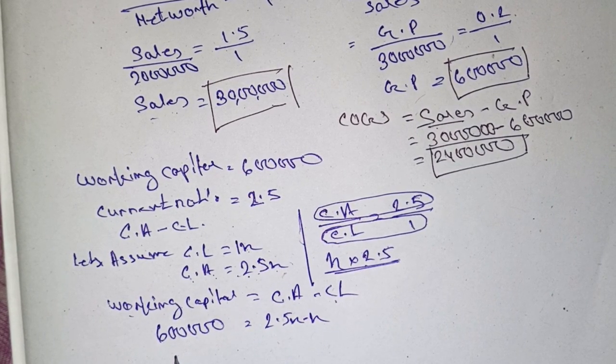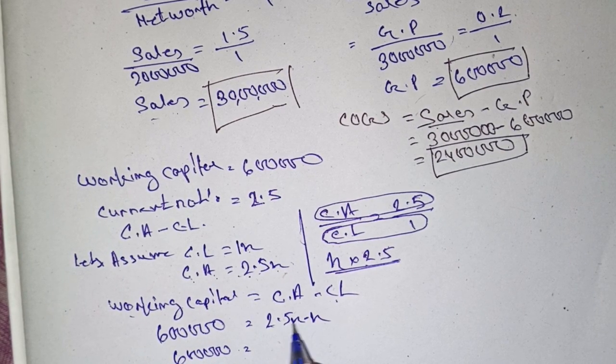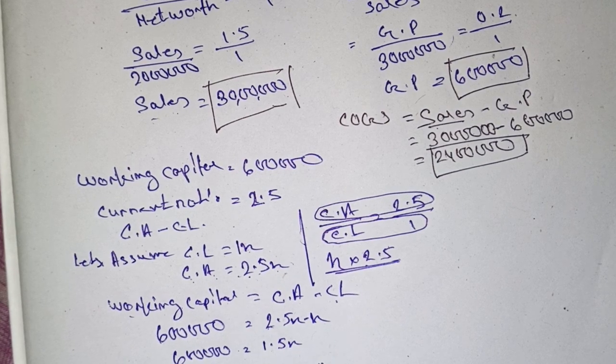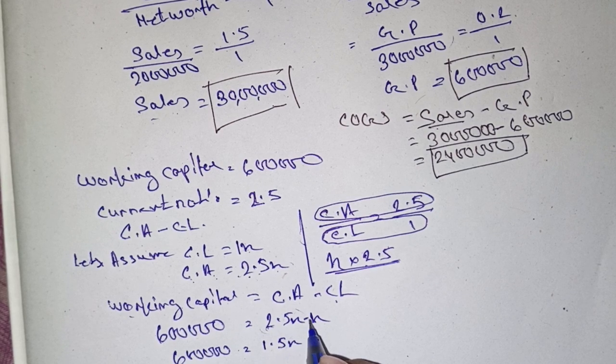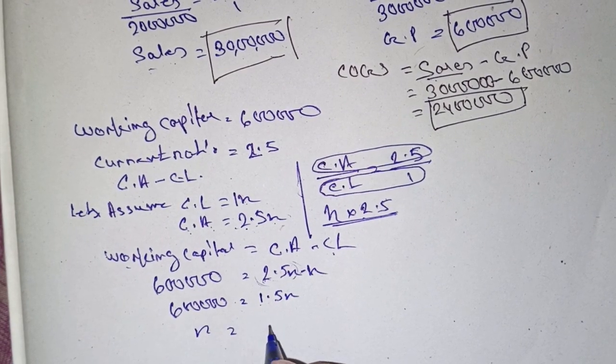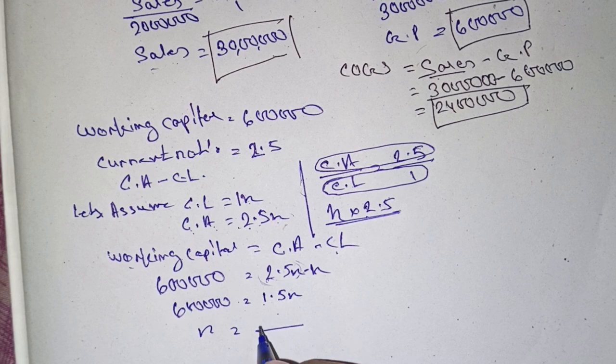If I subtract x from 2.5x, then it will be 1.5x. So 6 lakh equal to 1.5x.